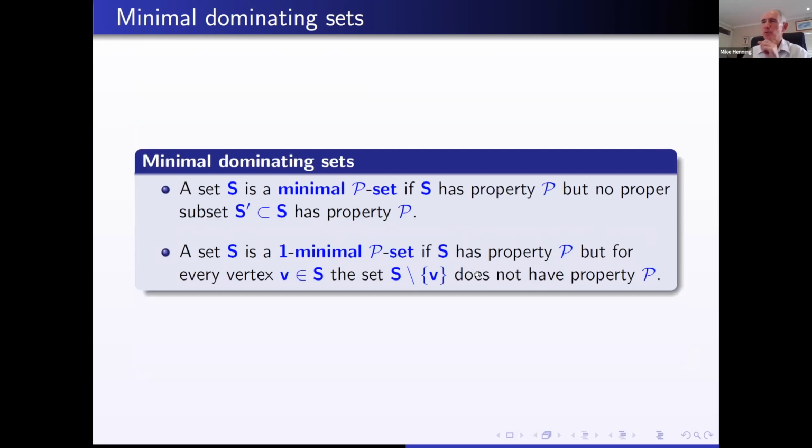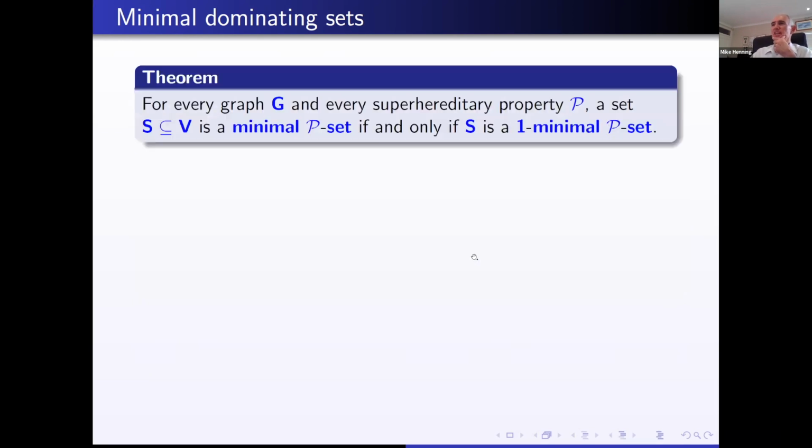So let's prove that, and you can just interrupt me. So we'd like to show that in general, you give me any property that's super hereditary, and I want to show that a set is minimal, I just need to look at 1-minimal. Because that's very useful for domination.